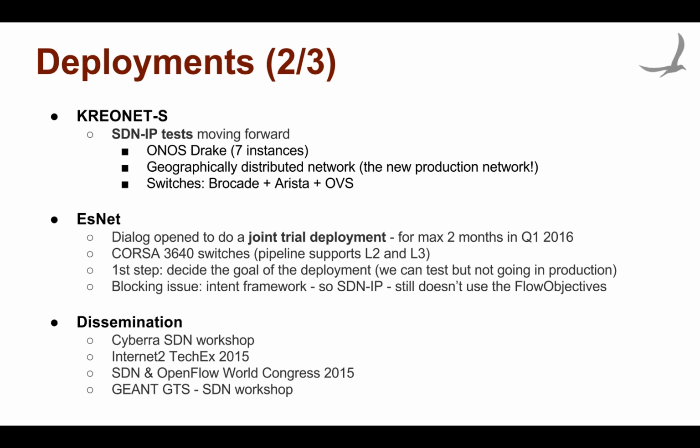MLAD is also looking at upgrading their ONOS cluster to 1.2.3, and they're testing that in a test network before moving to production. And then with GN, there's a project called GN4 which they've initiated, which is an internet exchange SDX type project, and they want to use SDNIP to provide SDX services.